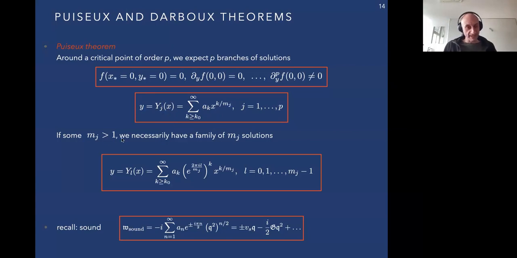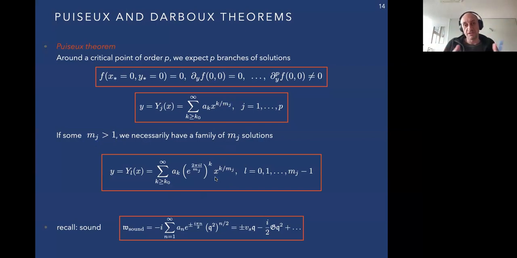Now, what is interesting is that if m_j is greater than 1, then we necessarily have a family of m_j solutions such that their phases lie on a circle, right? So for p equal to 2, where m_j is also 2, so that it's an expansion in square roots, this immediately implies that, like with the sound mode, you will get these plus-minus solutions, okay?